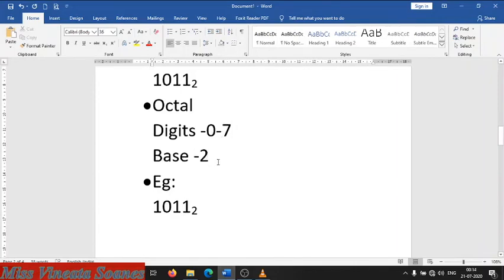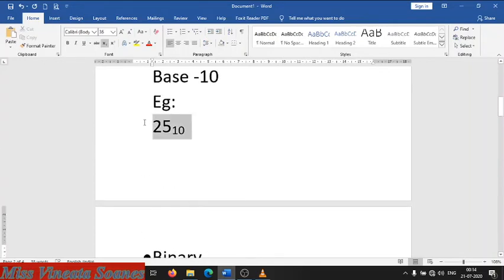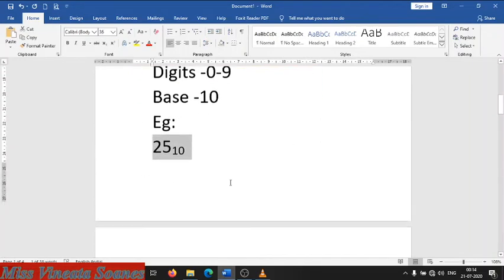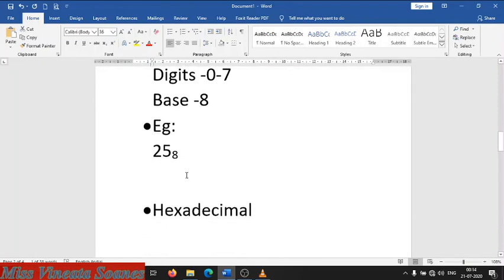And its base, if you count all the digits from 0 to 7, that makes it 8. So if again I use 25, because 2 and 5 can be in this range, but if the base is 8, then it's not a decimal number system, it is an octal.